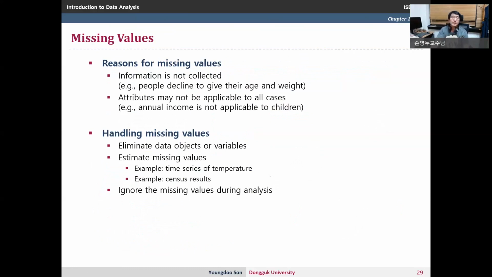And the third topic related to data quality is missing values. Missing values means that there are some attributes which do not have values, or some attribute values are missing. For example, here are record 1, record 2, record 3, and attribute 1, attribute 2, and attribute 3.